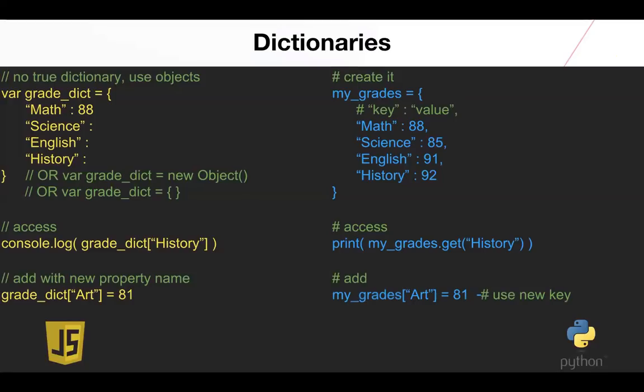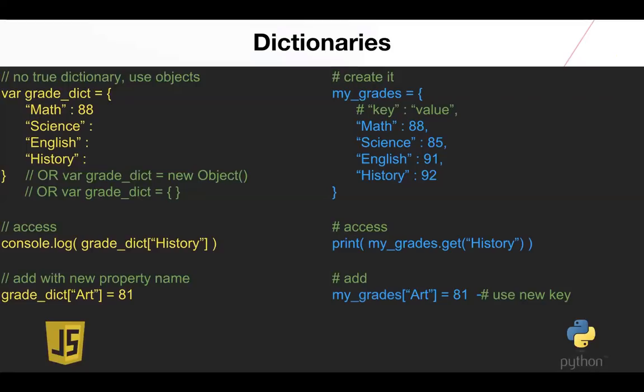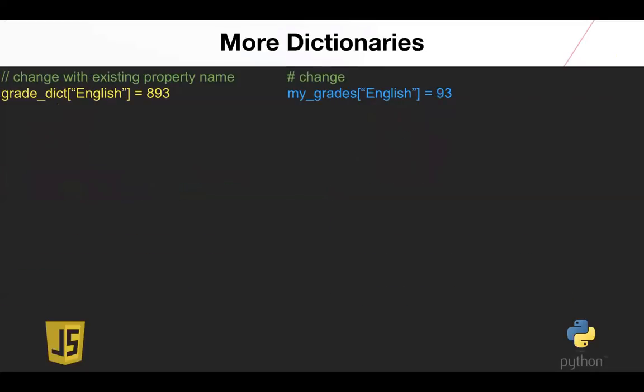We can add values to our dictionary by simply using, in square brackets, a key that does not exist. If we use a key that does exist, for example, English, you can see it was in the original dictionary when we created it, this will not add a new key value pair to the dictionary.